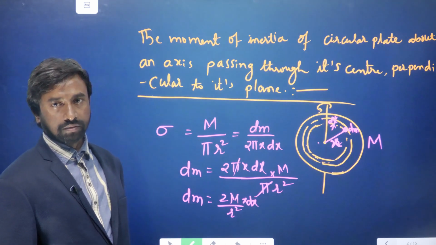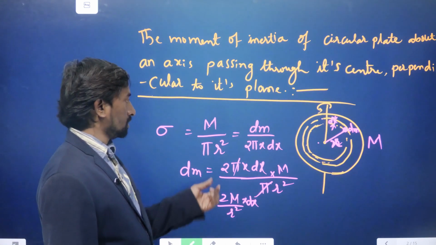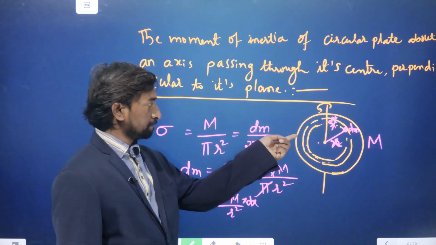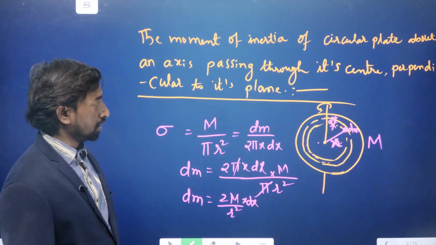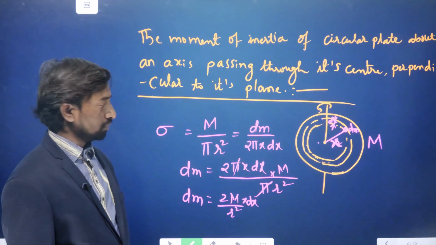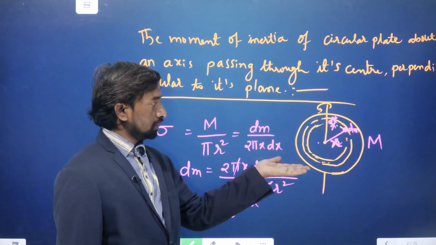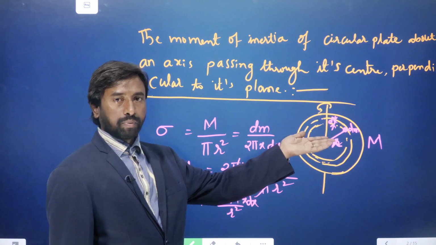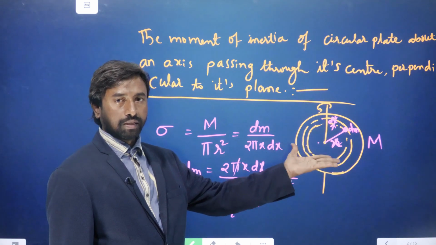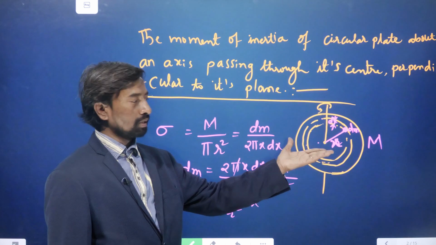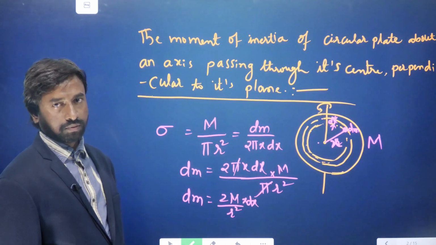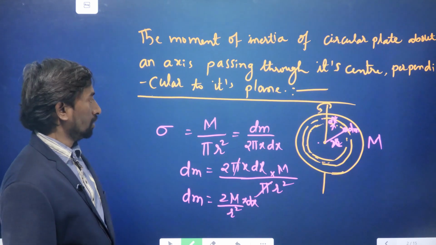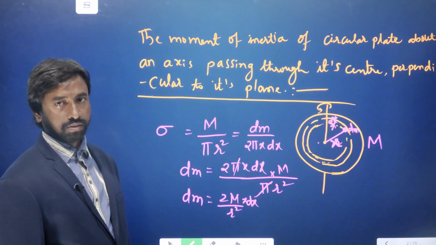Here it is the circular plate, or the disc, where the mass is distributed throughout its area. So we should consider the mass per unit area, the surface density.